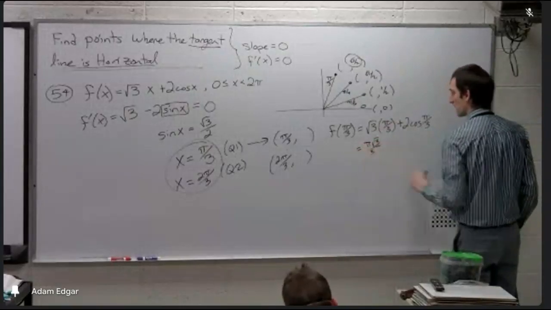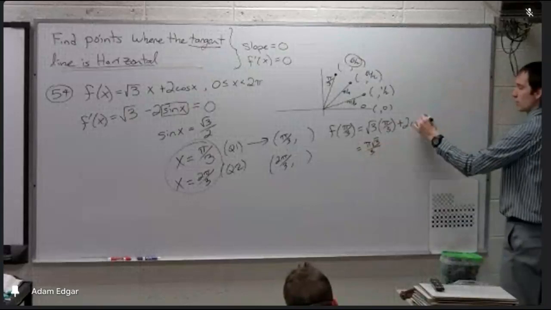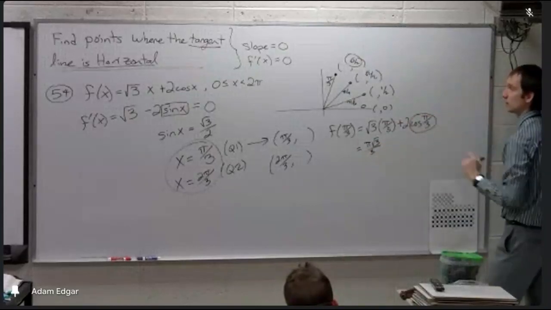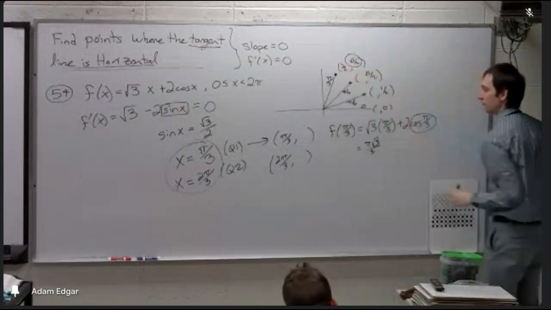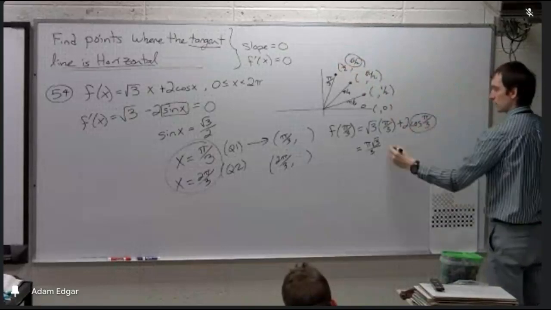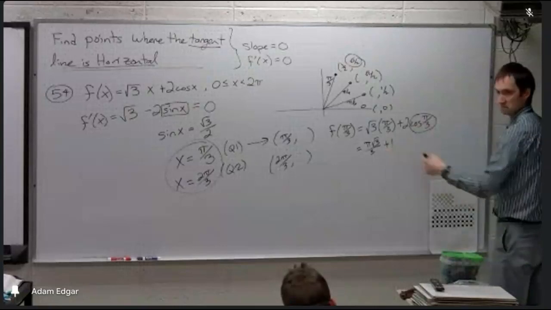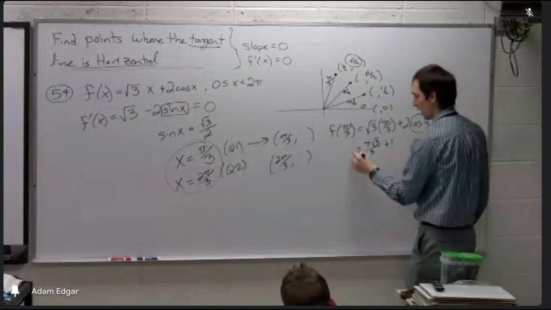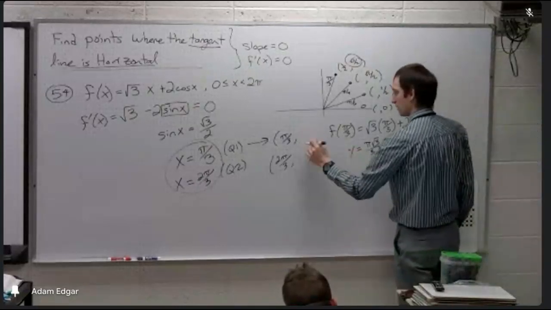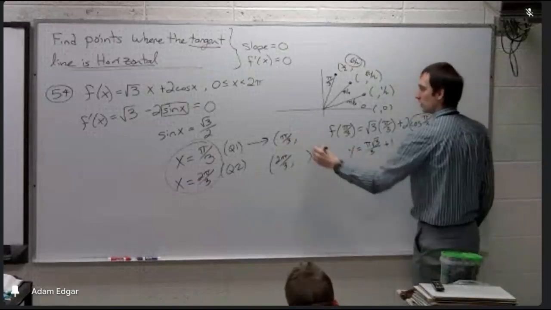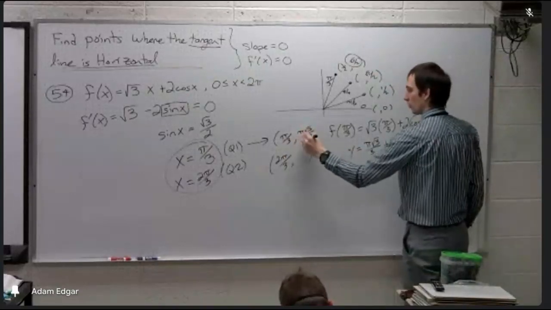Great. What's cosine of pi over 3? Half. What's 2 times a half? Can you simplify this? Not in any meaningful way. All right, there's your y coordinate. So we have pi thirds comma this ugly pi root 3 over 3 plus 1.